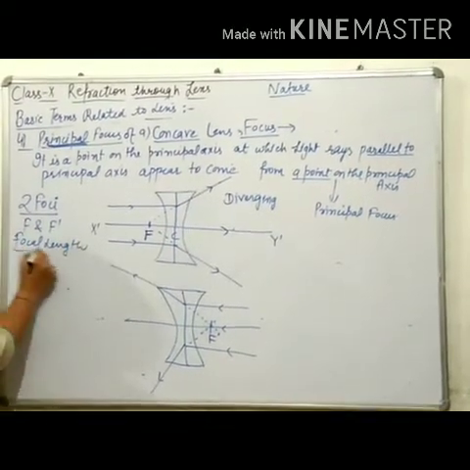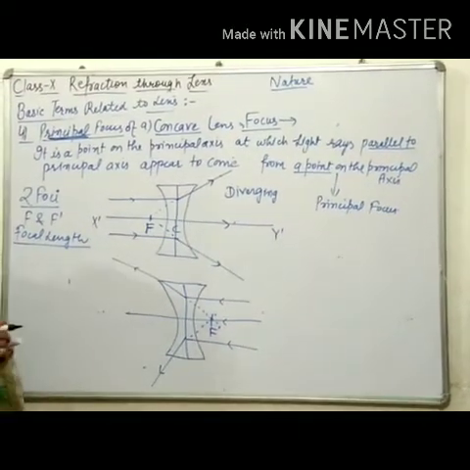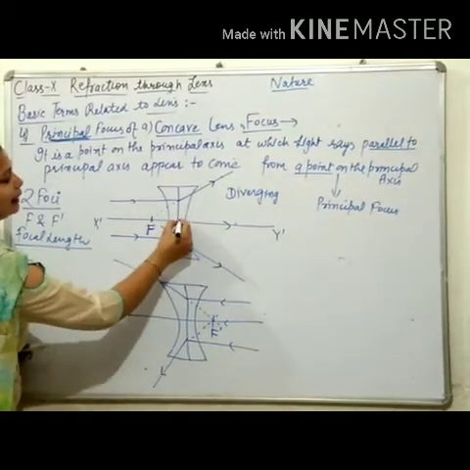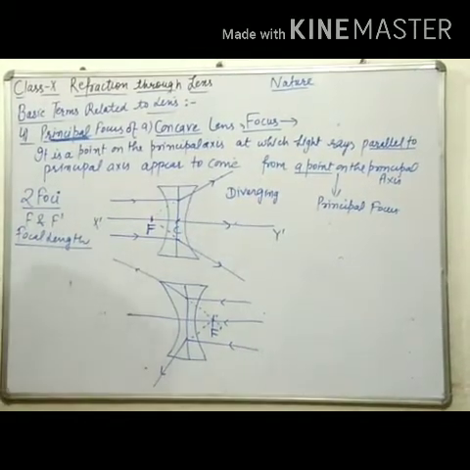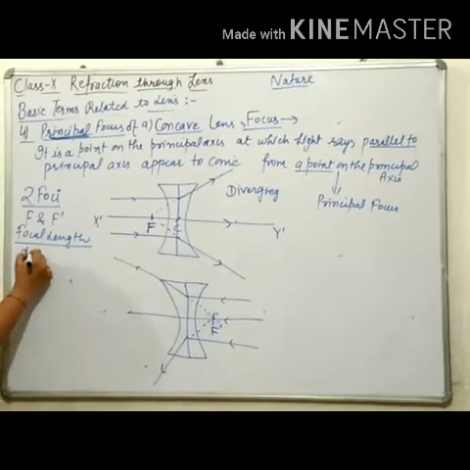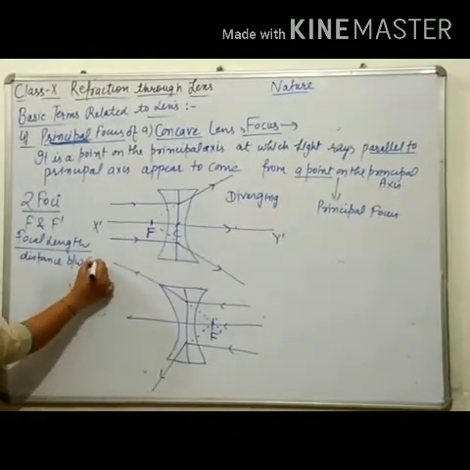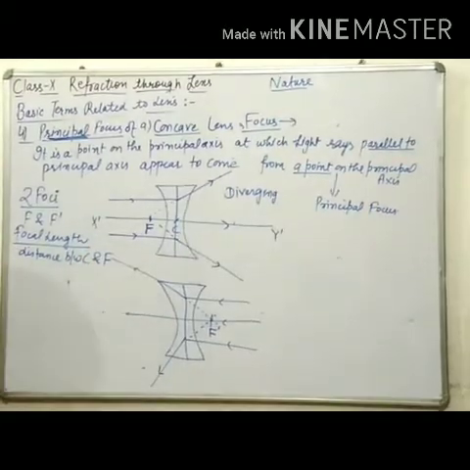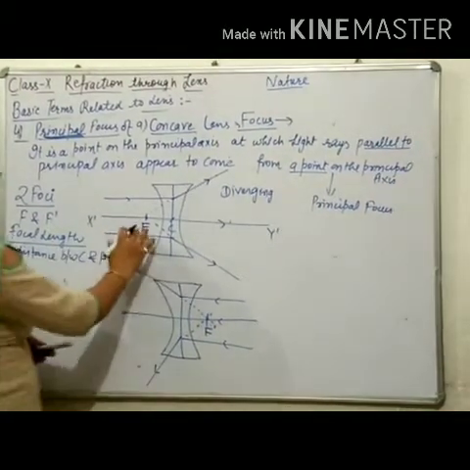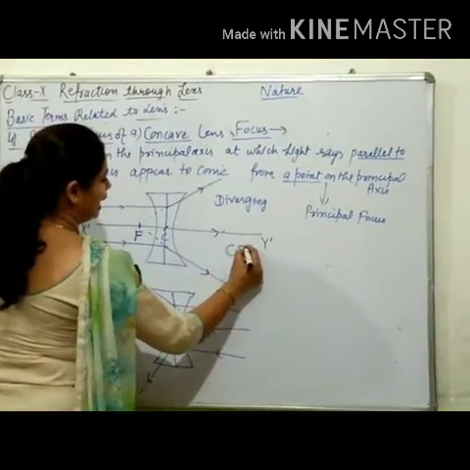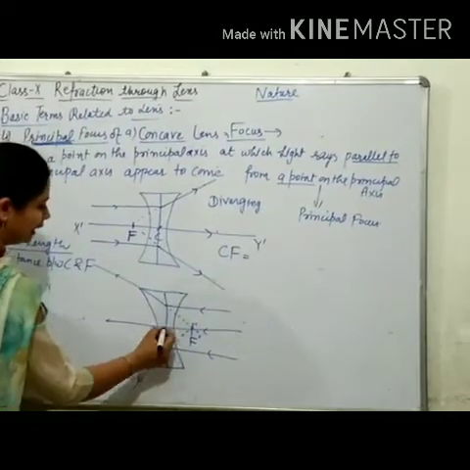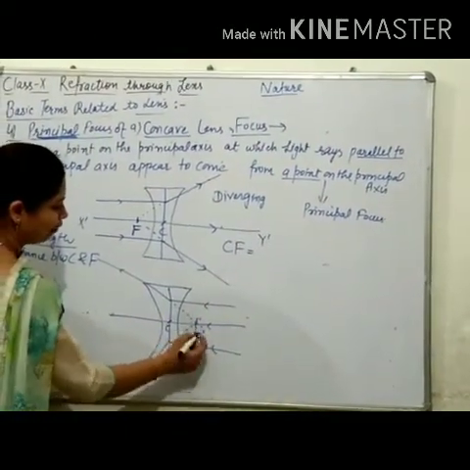What about focal length? Focal length is the separation, the distance, between the optical center C and the principal focus F. In the first case it is CF, in the second case it is CF dash.